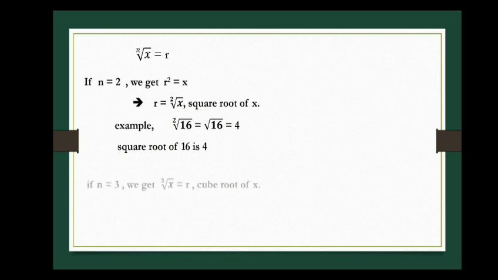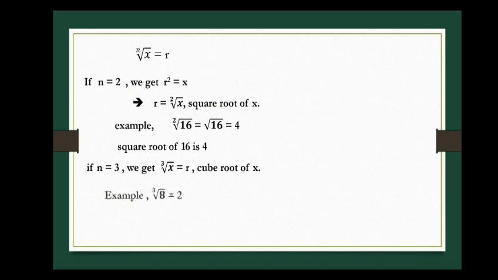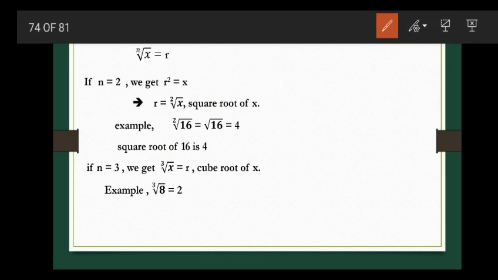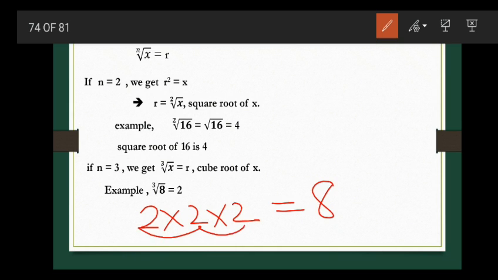So if n is equal to 3, we'll get root 3 x is equal to r, that is cube root of x is equal to r. For example, cube root of 8 is equal to 2, which means if you multiply 2 three times, that is 2 into 2 into 2, you will get 8. 2 2s are 4, 4 2s are 8.